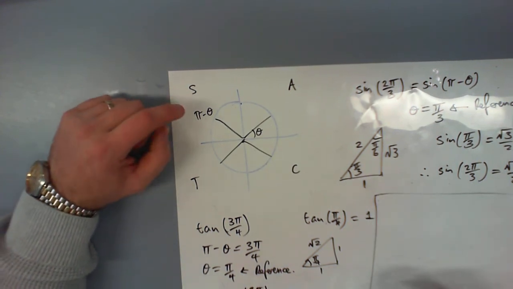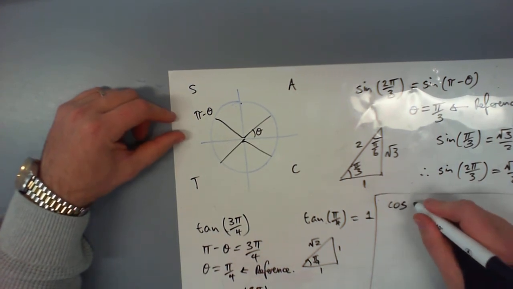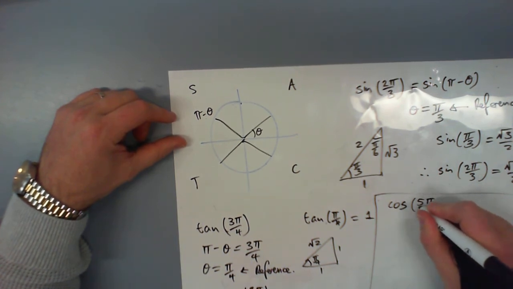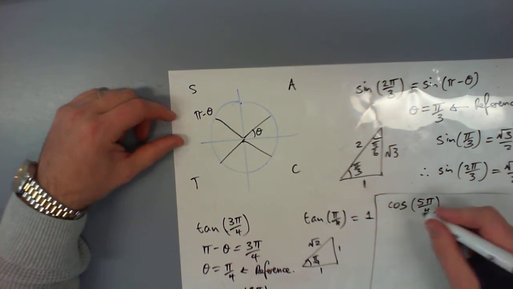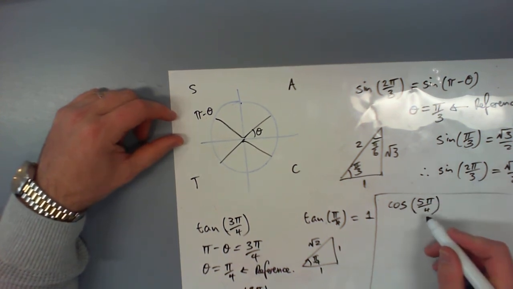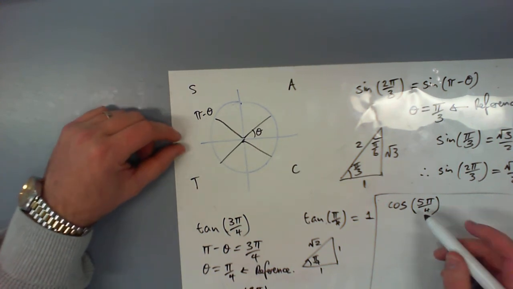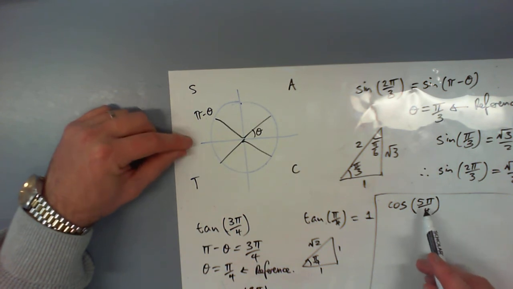Let's go to a different quadrant. This time, let's go cos of 5 pi on 4. So how am I working this out? Well, you need to be thinking, where's 5 pi on 4 going to be? It's going to be bigger than pi, because pi is 4 pi over 4.